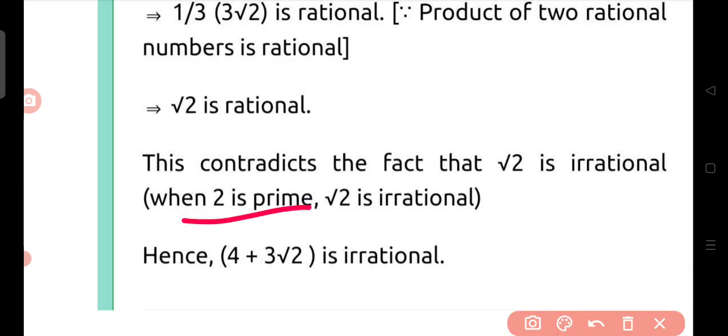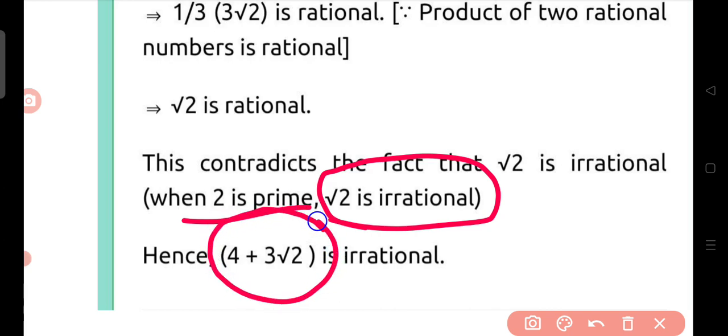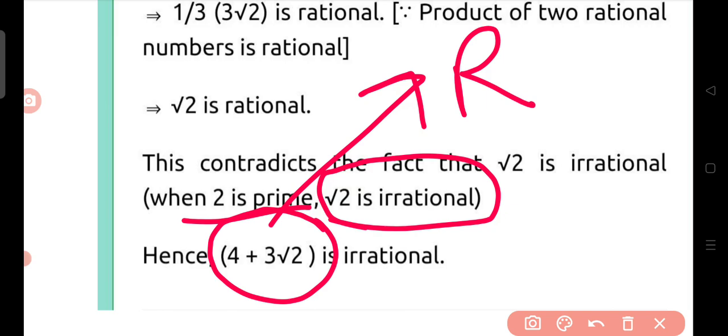So root 2 is an irrational number, and our assumption was wrong. What was our assumption? Our assumption was that 4 plus 3 root 2 is a rational number. Then this is wrong, so 4 plus 3 root 2 is an irrational number.